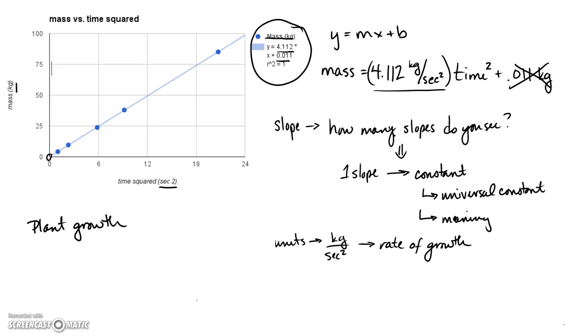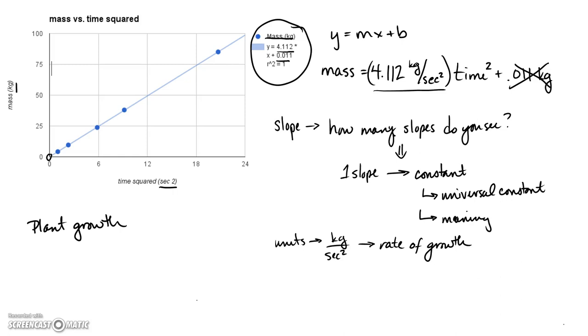Or you looked at a constant in your lab. You said, hey, we always use the same mass. The units are kilograms, and we always used a 5 kilogram mass, and the slope is 4.9. That'd be pretty close to 5, so that makes sense there too. So maybe it's that constant we chose from our lab. Sometimes it's a constant from your lab, sometimes the universal meaning, and sometimes it is another meaning that has to do with the rate of change. So those are pretty much your options.